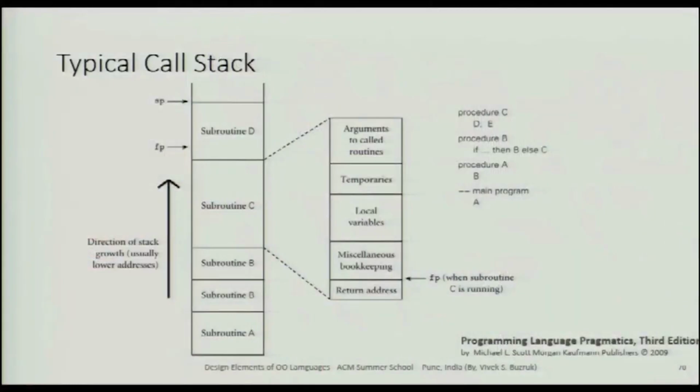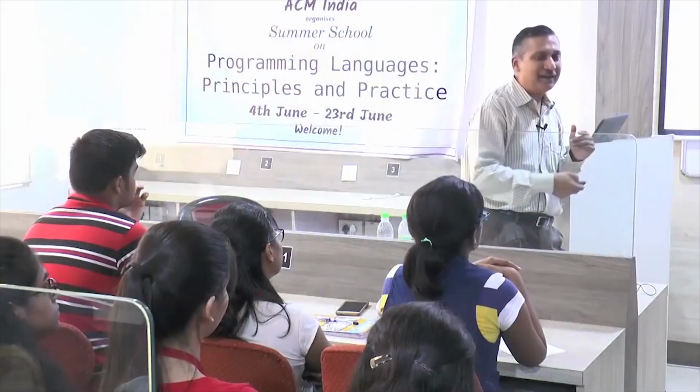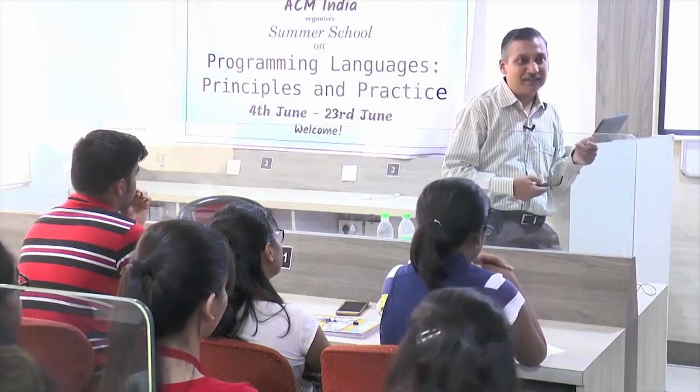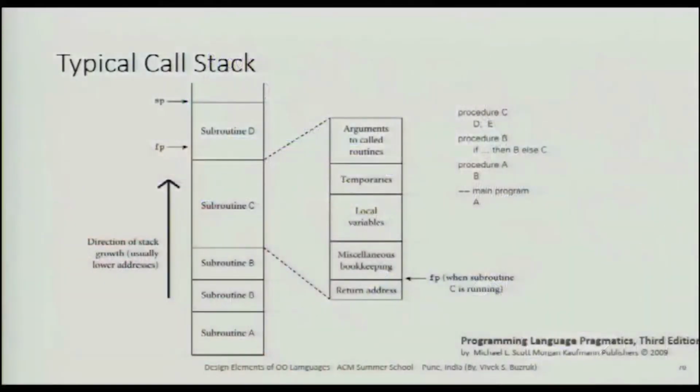For example, the main program calls A and A calls B. When B returns, I should continue here after B. Now I am setting my program counter, PC, to the B procedure. Whenever B returns, I should know where to return, and that is why this call stack is constructed.